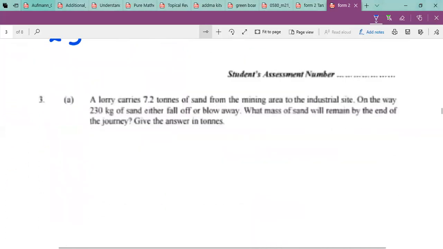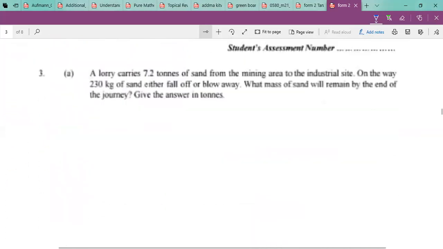Next, a lorry carries 7.2 tons of sand from the mining area to the industrial site.